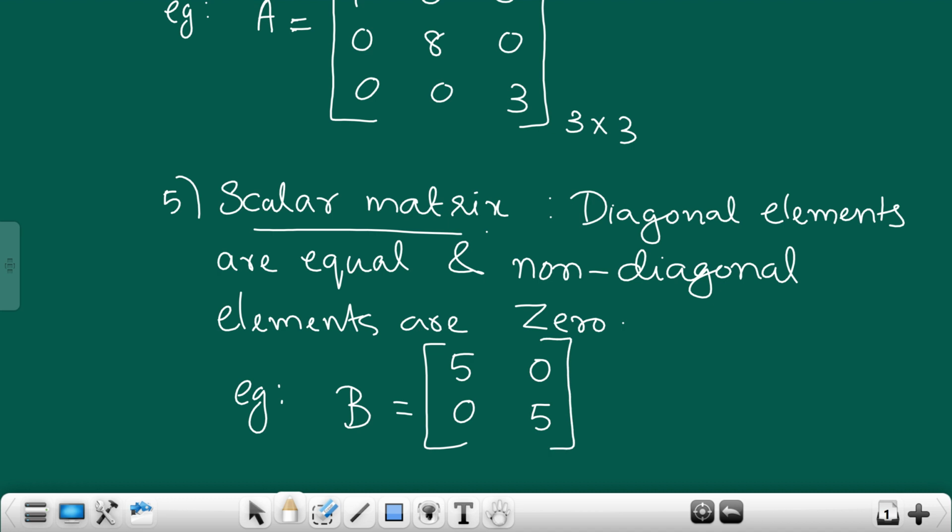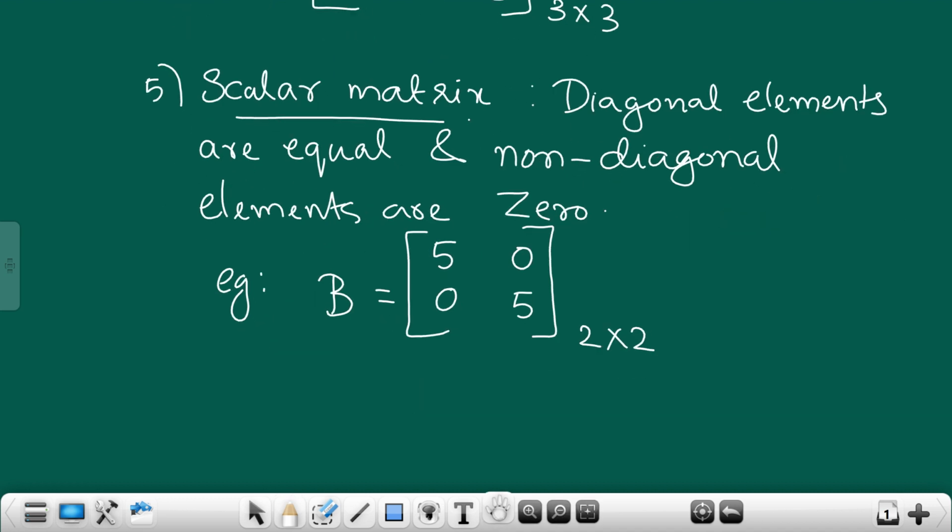The order of this matrix is 2 by 2 and this is a square matrix, and here the diagonal elements are 5, 5. So the diagonal elements are equal, non-diagonal elements are 0.